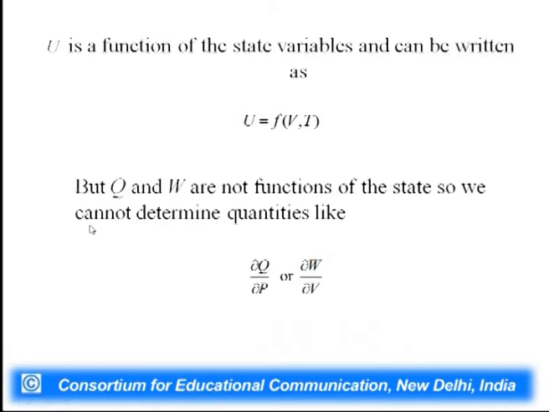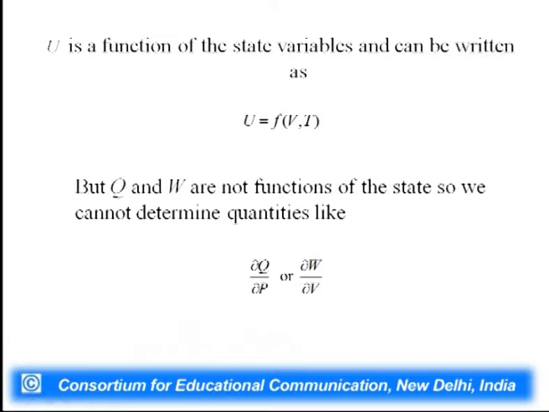As I told you, U is a state function, a function of state variables, and so we can write U as a function of V and T. Why do we write U as a function of V and T? Why not P and T?